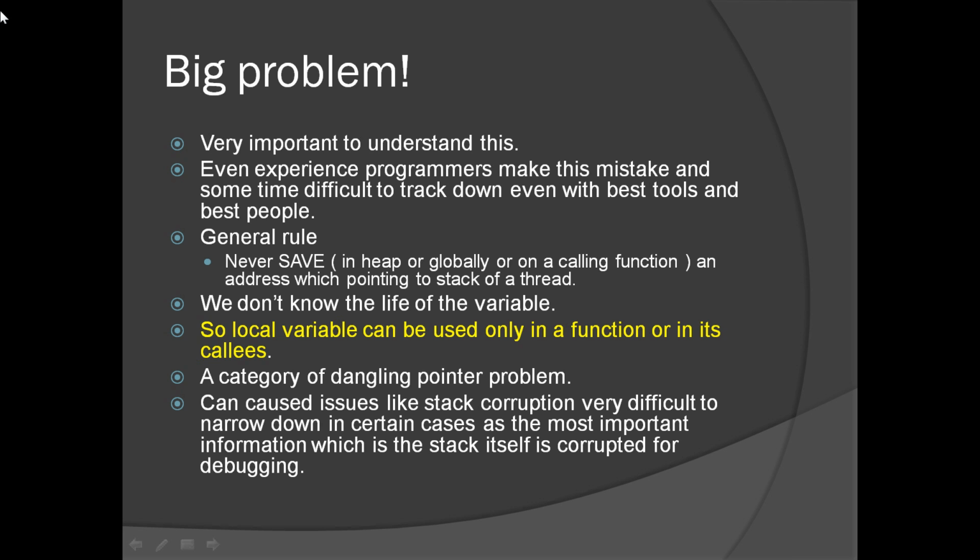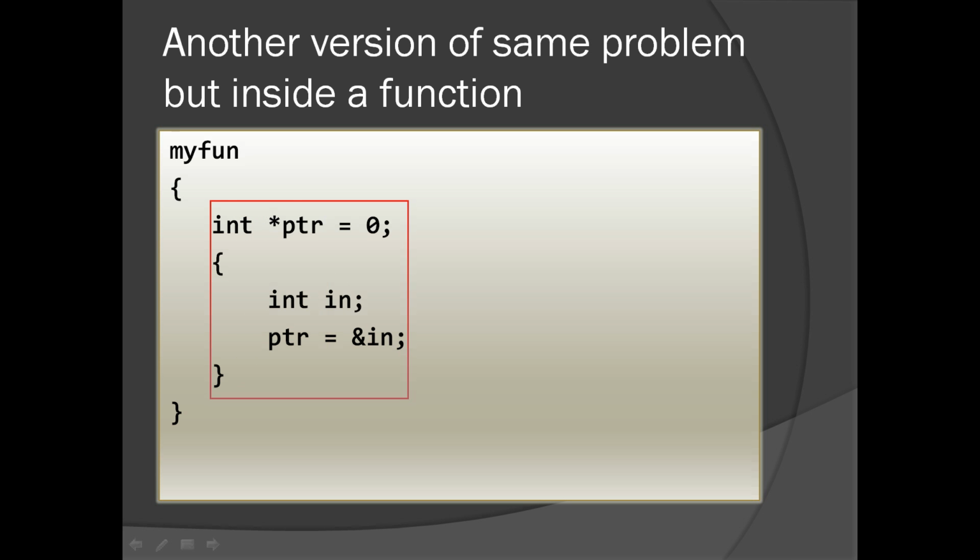So a local variable can be used only in a function or in its callees. Same problem in a different way. So we have a pointer up here which has scope outside these curly braces. This variable has scope inside these curly braces.